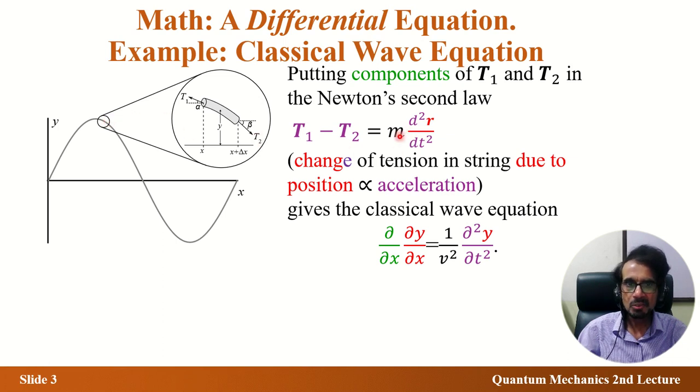Newton's second law will say, as I said, mass times acceleration is net force, and if we are talking about vertical force, you have to take components of force. Now components means a trigonometric sine. For small angle, that is approximately the same as trigonometric tangent.